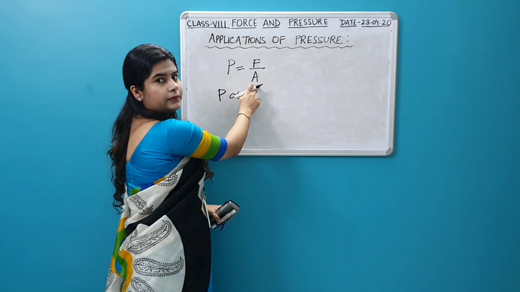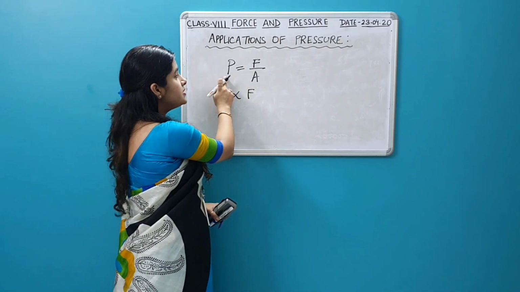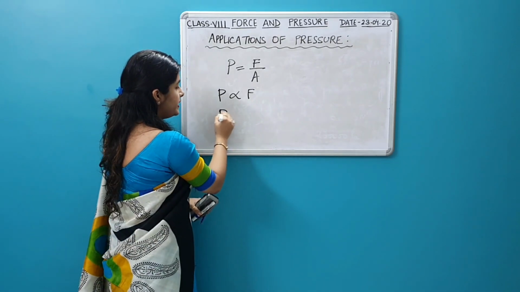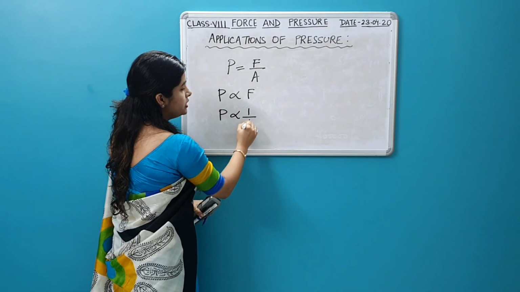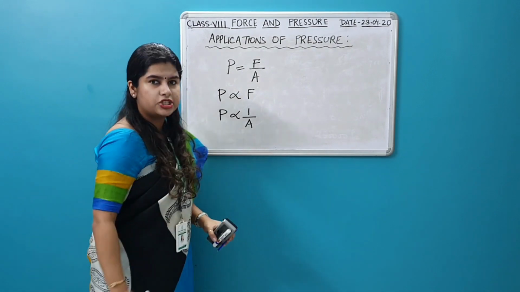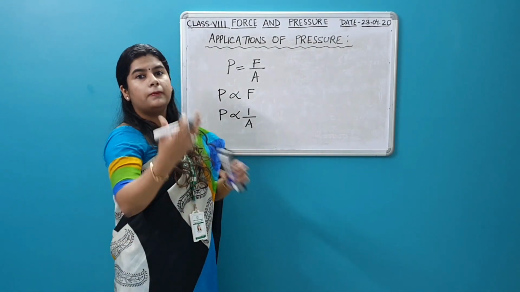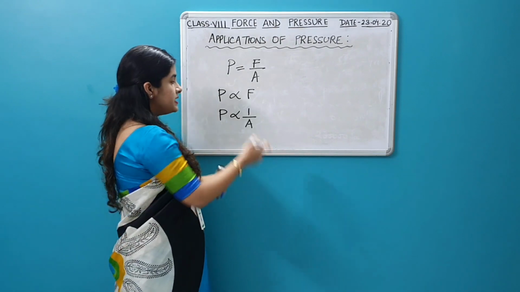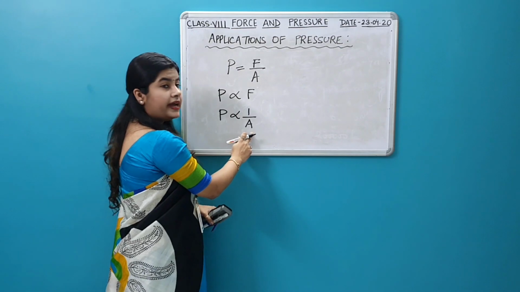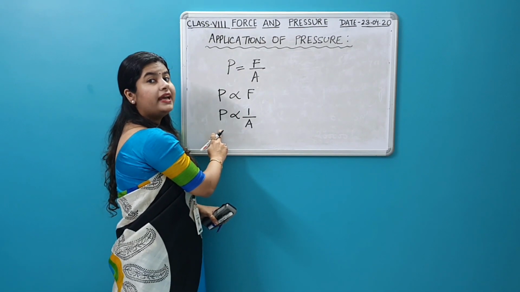There is another term, area. So how is pressure related to area? Pressure is inversely proportional to area. This is how we represent the inverse relation. Inverse means opposite: if area is less, pressure will be more. If area is more, pressure will be less.